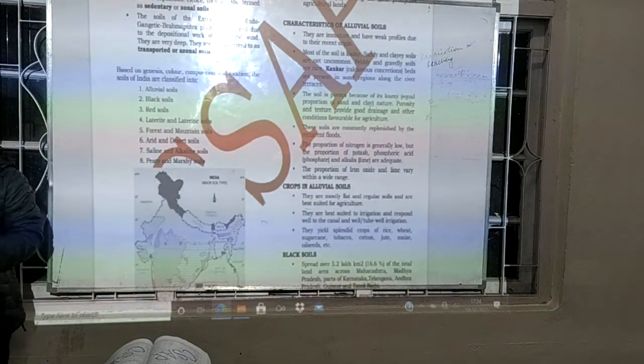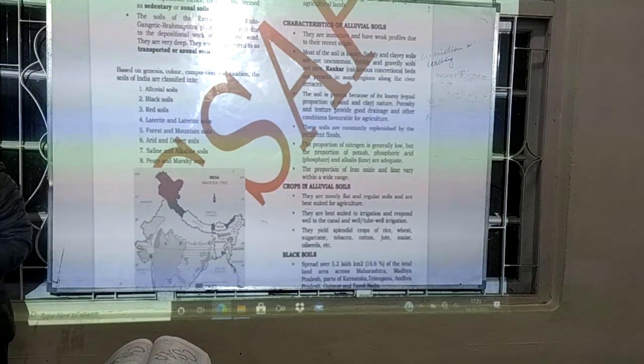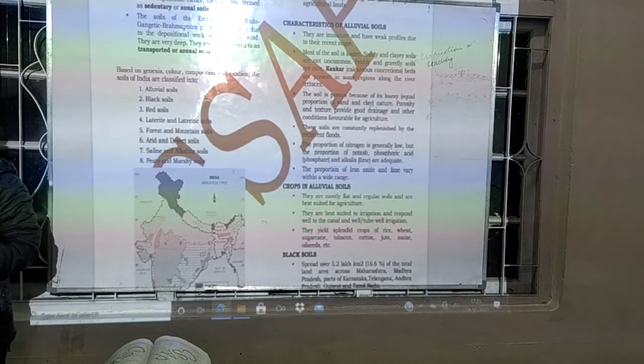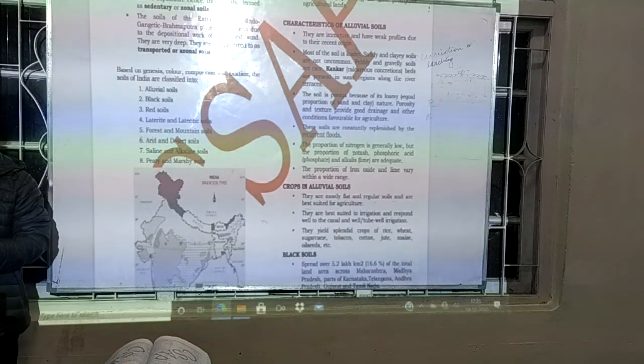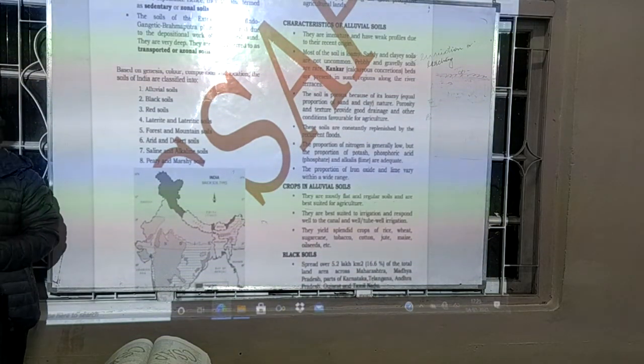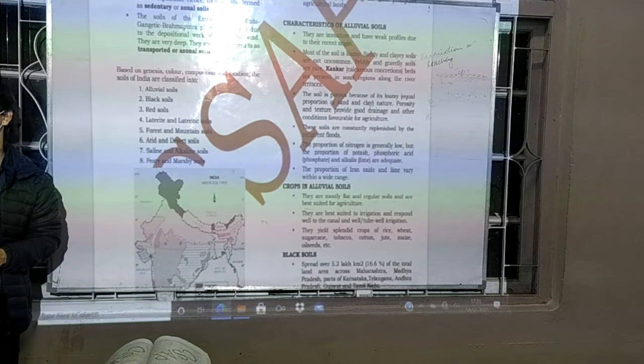What are the characteristics? They have mature weak profiles due to recent origin. Most of the soil is loamy. Sandy and clay soils are not uncommon, and pebbly and gravelly soils are very rare. See, look at this term called kankar. What does it mean?